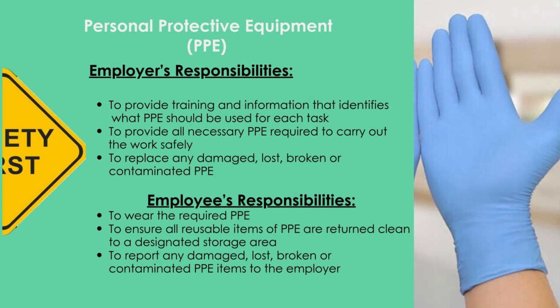Your responsibilities as an employee are to ensure that you actually wear the required PPE, to ensure that all reusable items of PPE are returned clean and to the designated storage area, and most importantly, to report any damaged, lost, broken, or contaminated PPE to your employer.